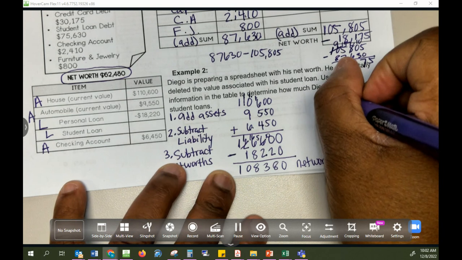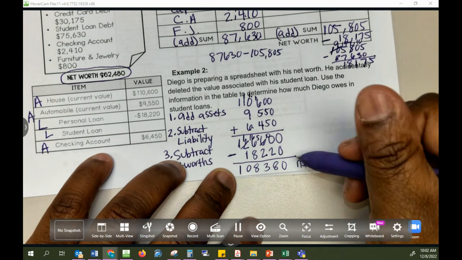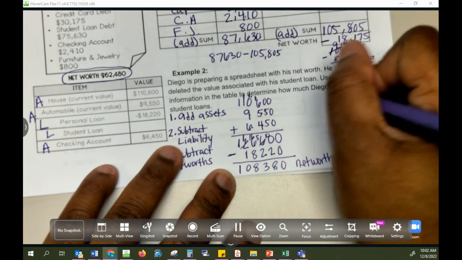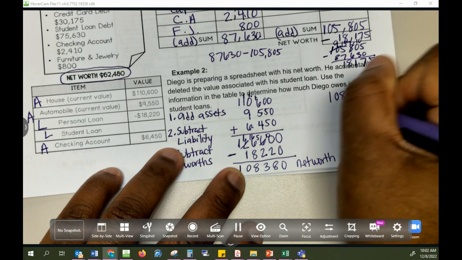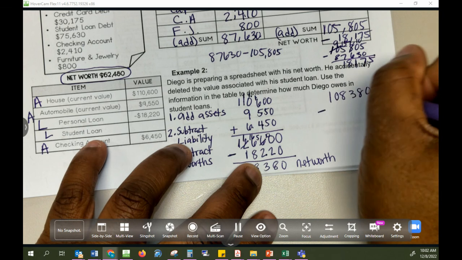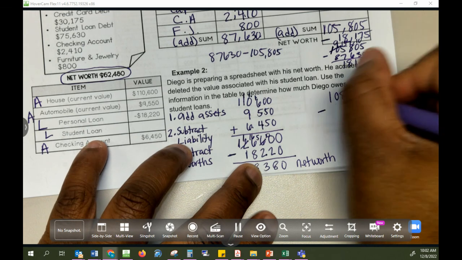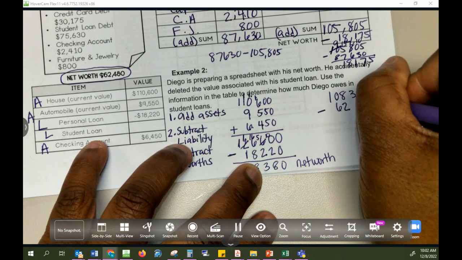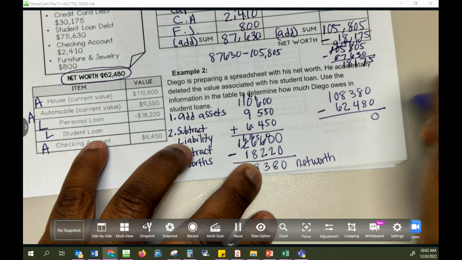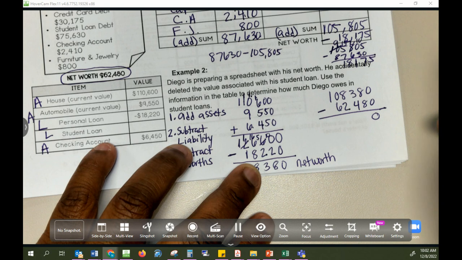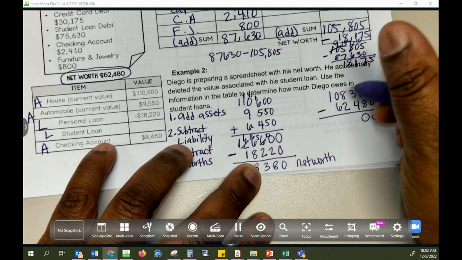So I'm going to just subtract them, and it doesn't matter which one you want, just the bigger one to be on top because I want the difference. So 108,380 minus 62,480. This is why I saved this one for last because I know it's going to be a lot of subtracting and a lot of adding.